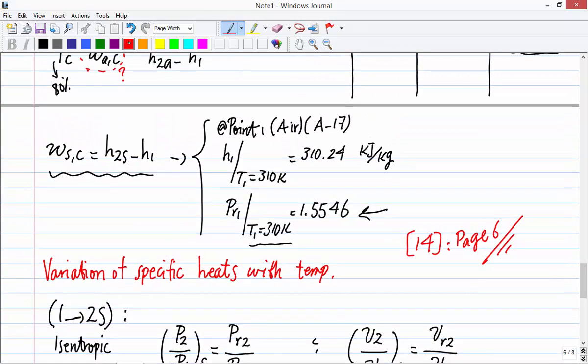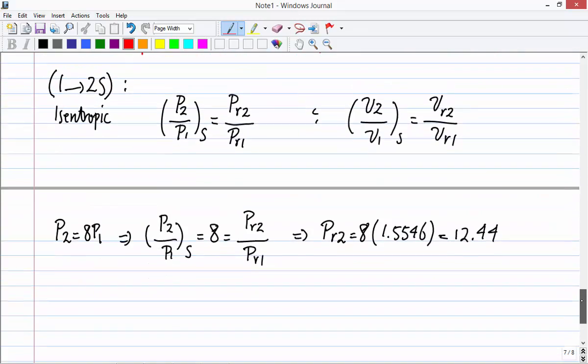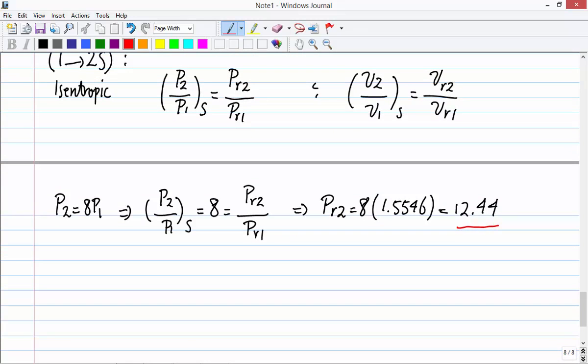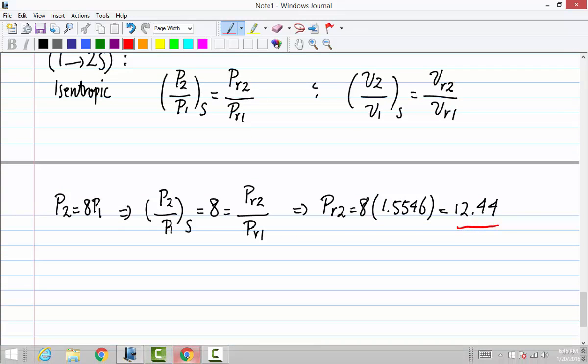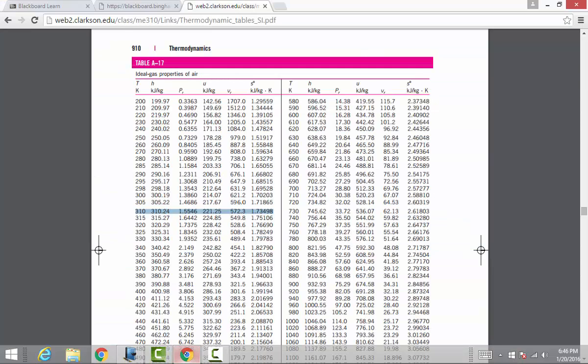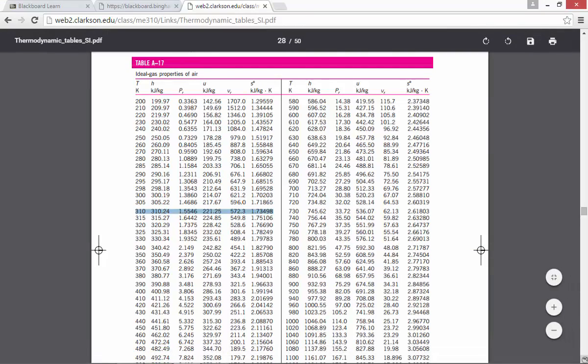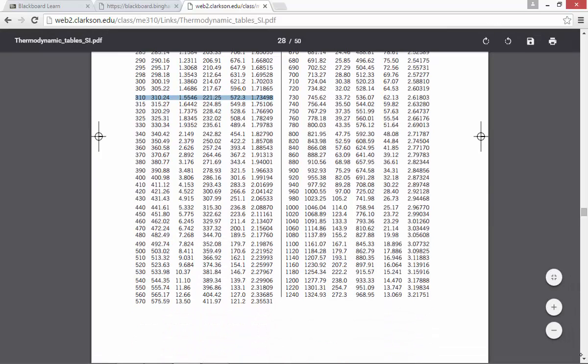But what are we looking for? We were looking for H1 that we got here, and then we were looking for H2S as if the process 1 to 2 was isentropic. It's not, because the efficiency is not 100%. Then I have the PR2, and if I go back to my table, at that PR2, which is about 12.44, the third column is the PRs.